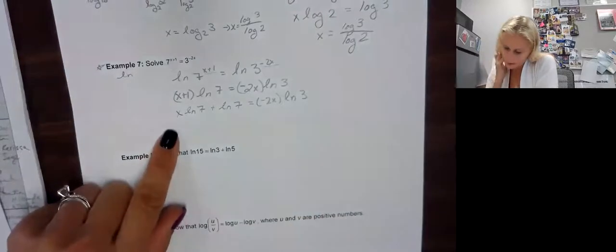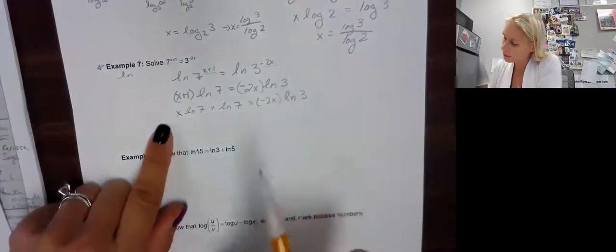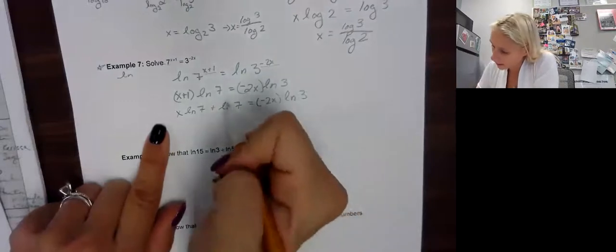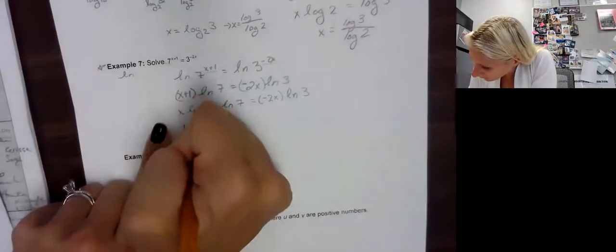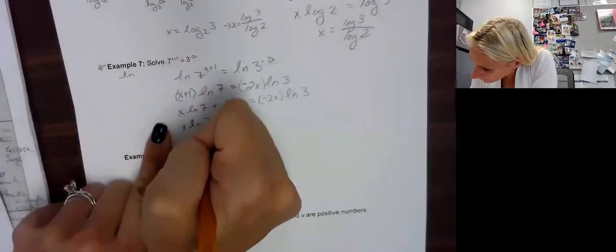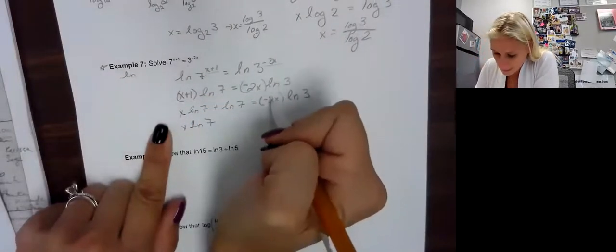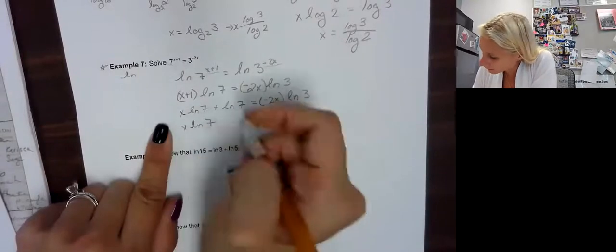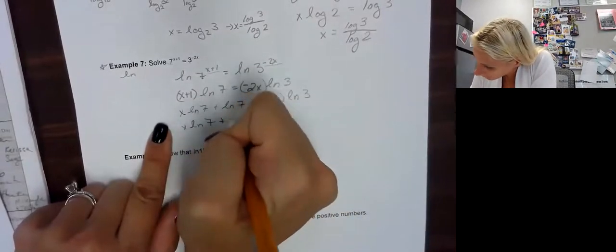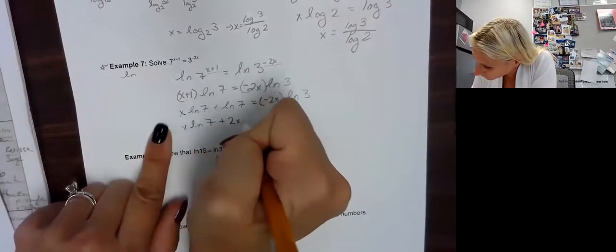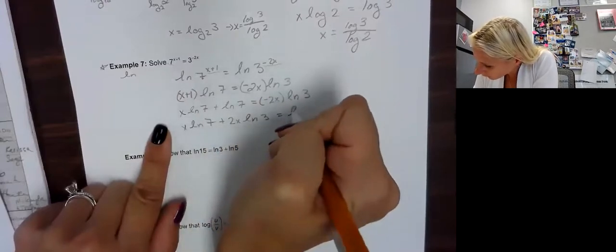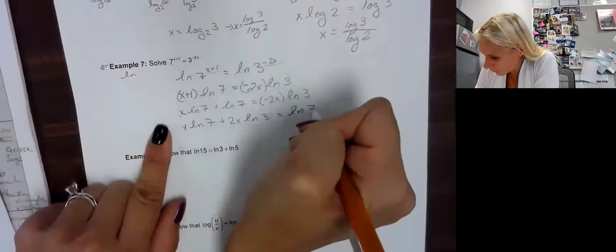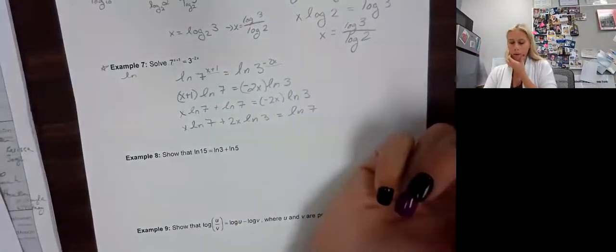Well, let's move our x's to one side and our numbers on the other. So I'm going to have x ln 7. Now this is a negative, so how do I get it on the other side? I'm going to add it to the other side. Equals ln 7.